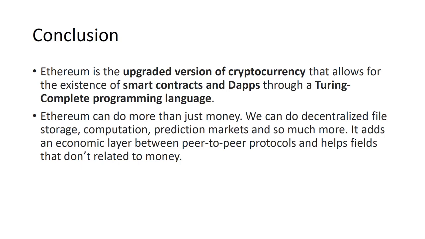It adds an economic layer between peer-to-peer protocols and helps fields that do not relate to money. There are many things to come in the future. We are seeing NFTs and the metaverse, all of these things are rising, and Ethereum will play a great role in this era.